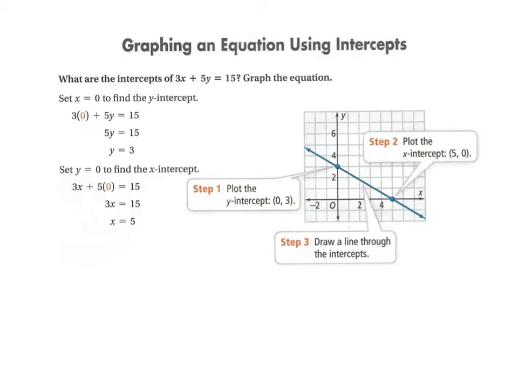If I want the x intercept, I'm going to put a 0 in for y and do the math. And we always give our intercepts as a point. So when I put a 0 in for x, I got out of 3. That's the y-intercept. When I put in a 0 for y, I got out of 5, and there's the x-intercept. And since those are intercepts, those are also considered points. If you graph them on a coordinate plane, you can create a line because you only need 2 points to make a line.